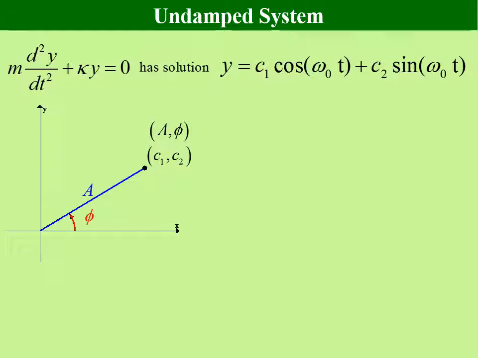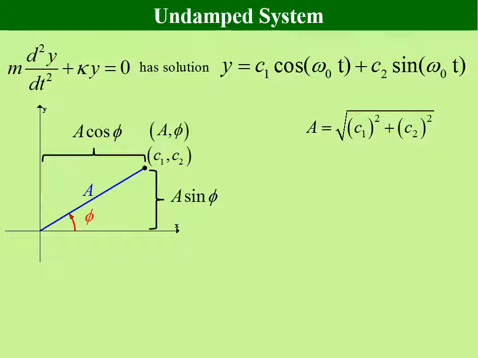So we're going to call the distance from the origin to the point C1 comma C2 as capital A, and you'll see some of the significance of this shortly, and then the angle up from the positive x-axis as phi. So the x and the y can be given as A cosine phi and A sine phi.